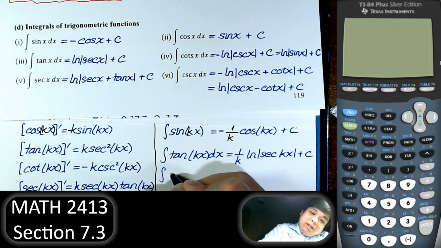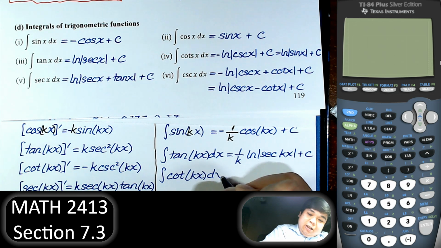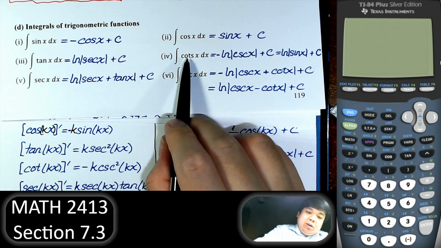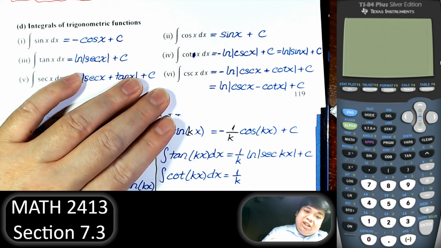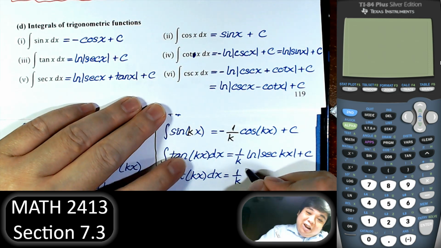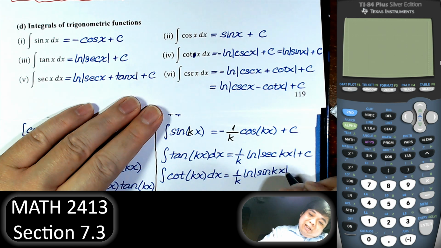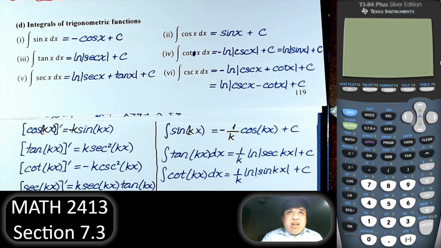And then cotangent of kx dx. Again, we just divide by k, and then cotangent. Just ln of sine kx plus c, and then secant and cosecant, same thing. We just need to divide by k.